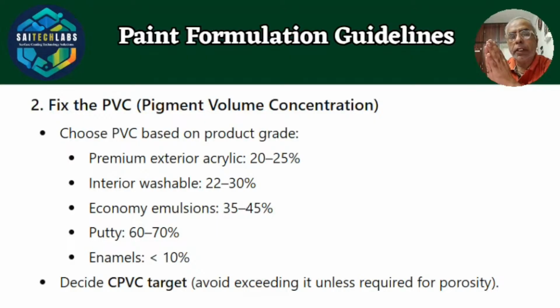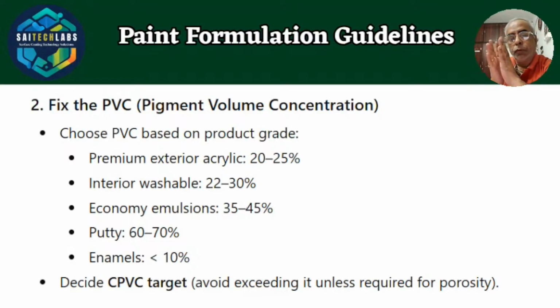Then for interior washable acrylic emulsion, usually it ranges from 22 to 30. Then for economy emulsions, it can be 35 to 45 percent. For putty, 60 to 70 percent. For enamels, it is less than 10%.